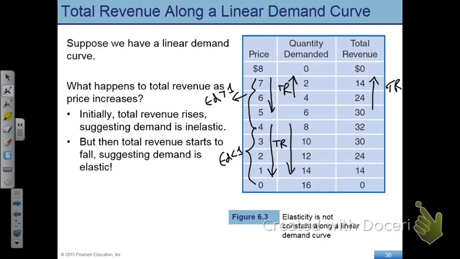So we are now looking at two different price regions. In one region, demand is elastic. In the other region, demand is inelastic. But we are on the same demand curve. That is fascinating. Even within a single demand curve, we have just identified a region that is elastic, and we have identified a region that is inelastic.